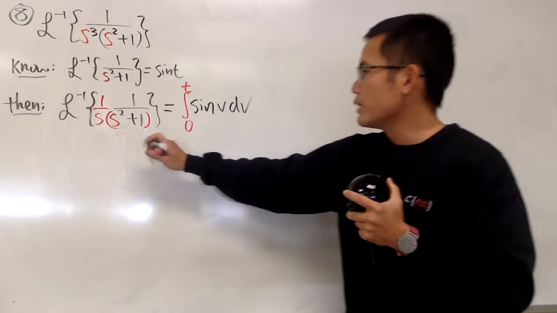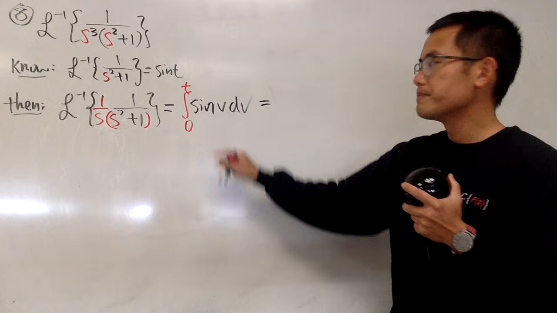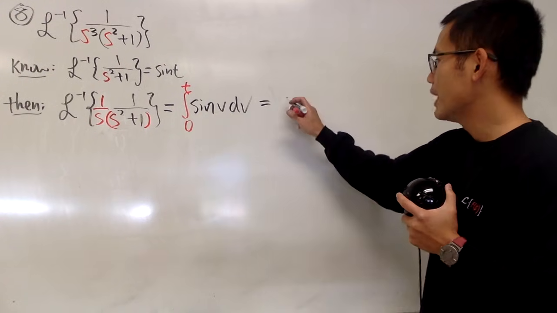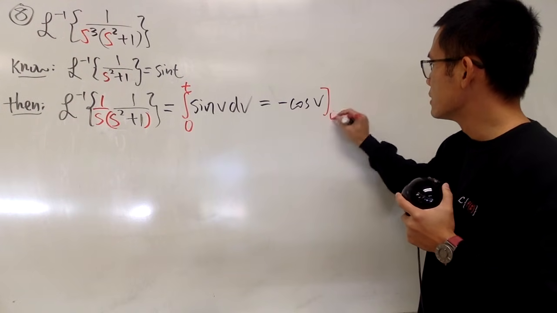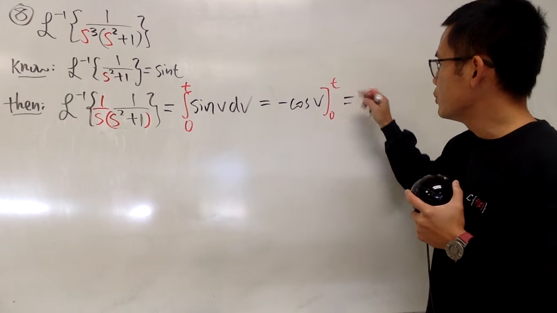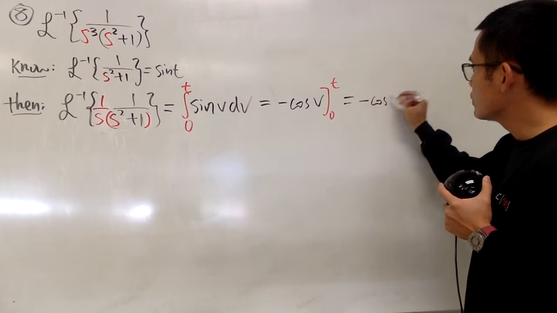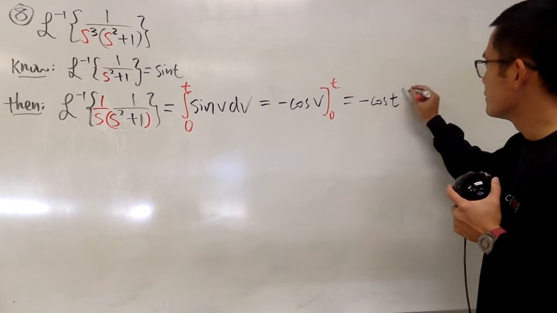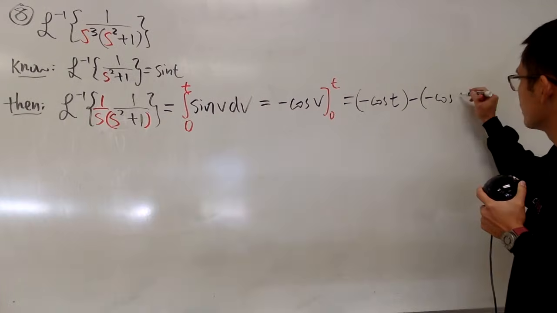But anyway, let's go ahead and do that. Again, for 1 over s you do the integral, so just go ahead and do the integral. The integral of sine is negative cosine, so we have negative cosine v, going from 0 to t. Be really careful: put t in first, we get negative cosine t, and then put 0 in, we get minus negative cosine of 0.